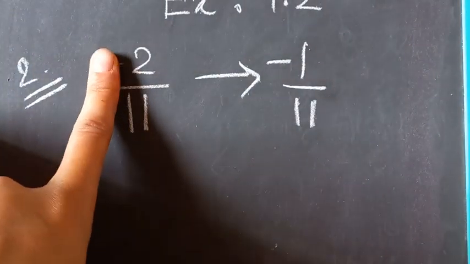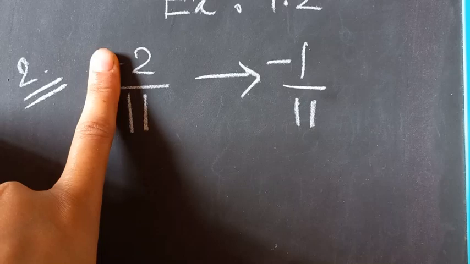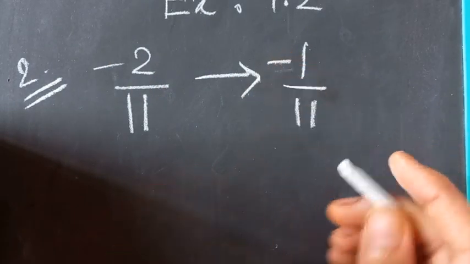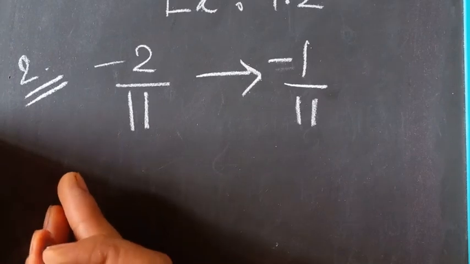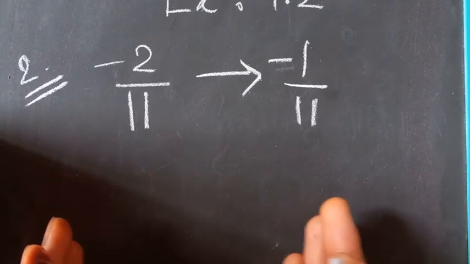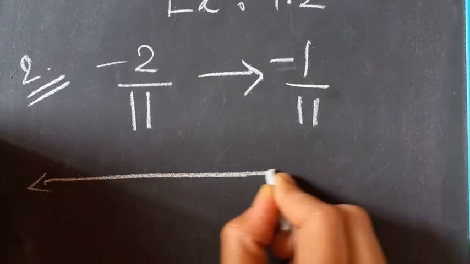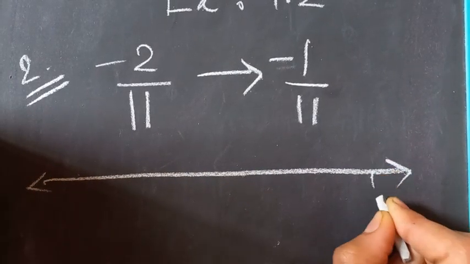If the number were not negative, we would write 1 by 11 and start our number line with 0 from the left side. Here we start our number line from the right side.